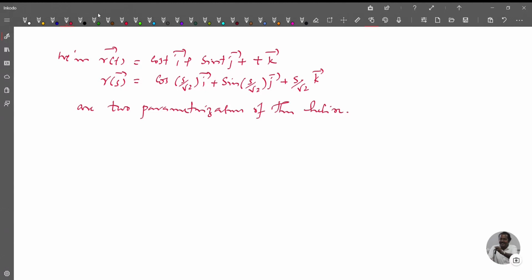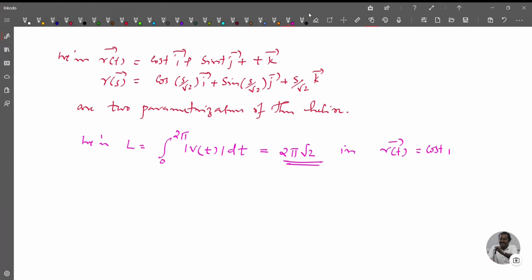Now you consider the length of the helix from 0 to 2 pi in both cases. So we have L equal to integral 0 to 2 pi modulus of v of t dt, that is equal to 2 pi root 2 from our previous discussions, in case of the parameterization r of t is equal to cos t i plus sin t j plus t k.